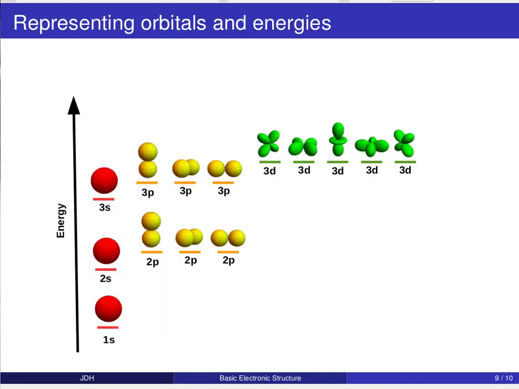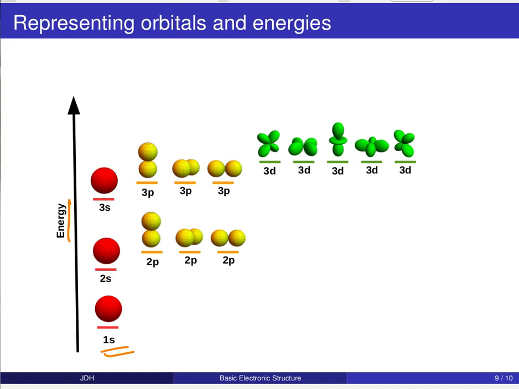To sum this up, what we typically do is represent these different orbitals using a so-called energy diagram. This energy diagram places increasing energy on the y-axis, and we start off with our lowest energy orbital, in this case our 1s orbital. Then we go up to our next lowest energy orbital, which is 2s.